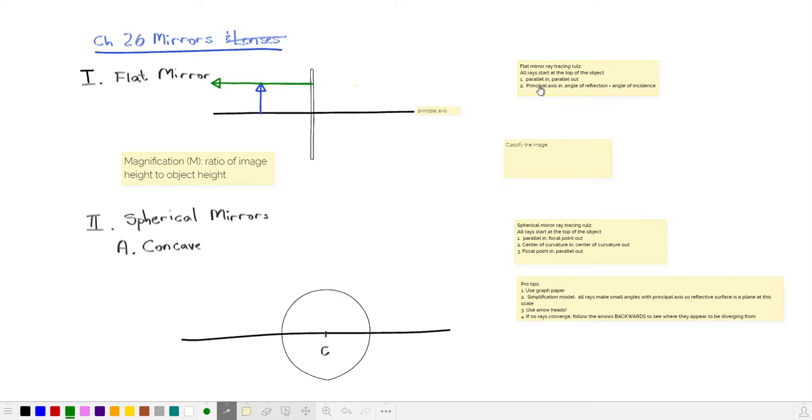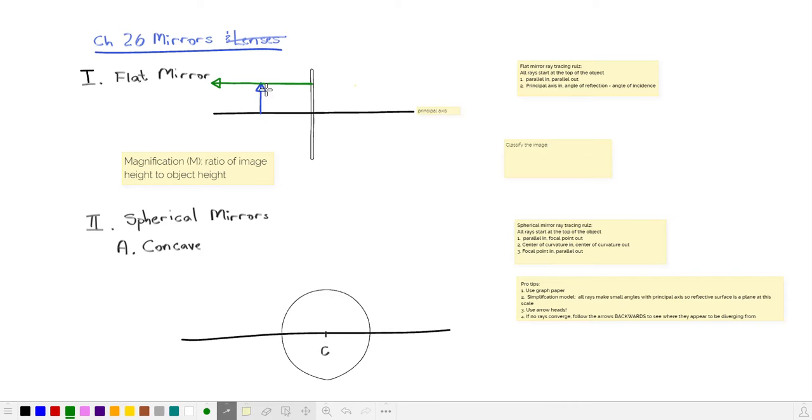And my second line, this is the second ray tracing rule. This black line represents the principal axis, which is kind of the center of the mirror, if you will, where the ground where you're standing is the principal axis. So the bottom of the image is where the principal axis is.